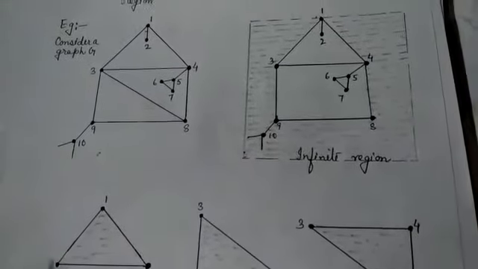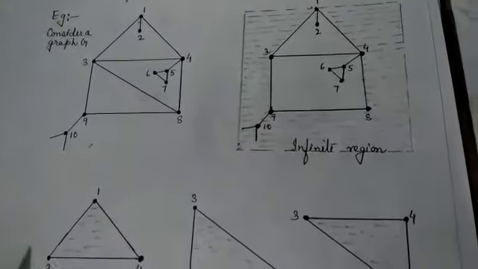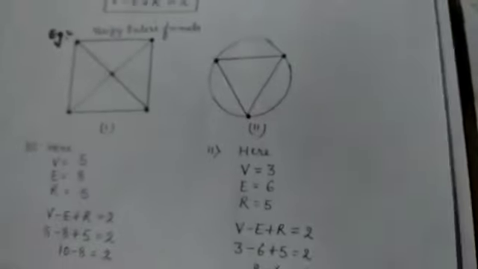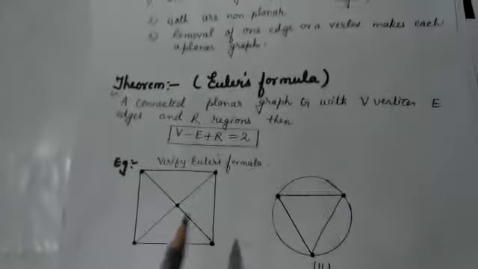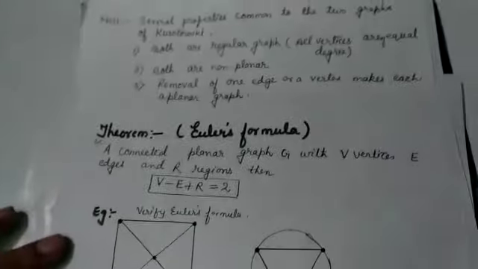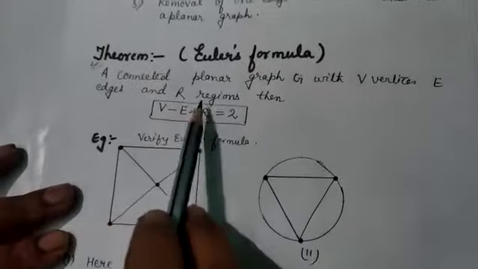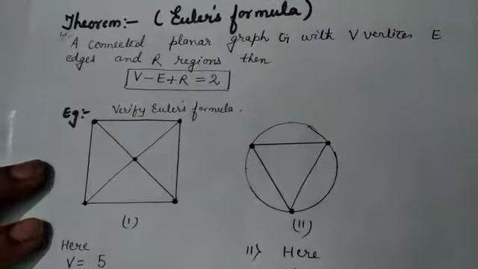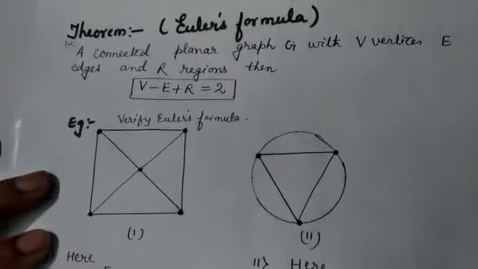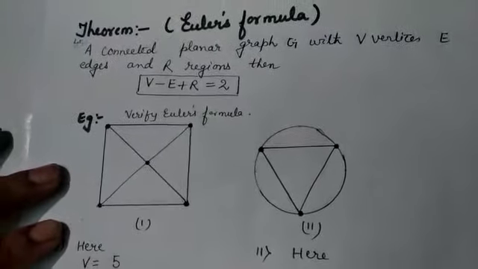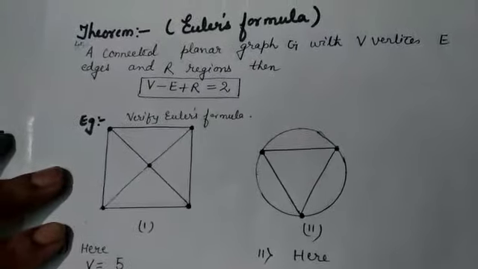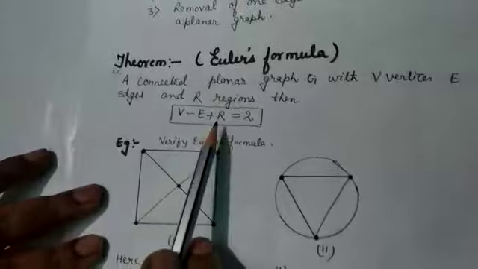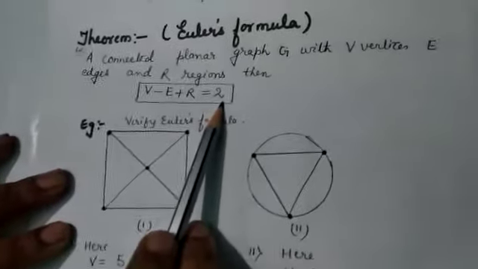Next, we will go through Euler's formula and verify it. So what is Euler's formula? In a connected planar graph G with V vertices, E edges and R regions, we have V minus E plus R is equal to 2.